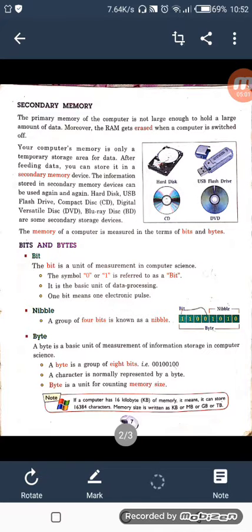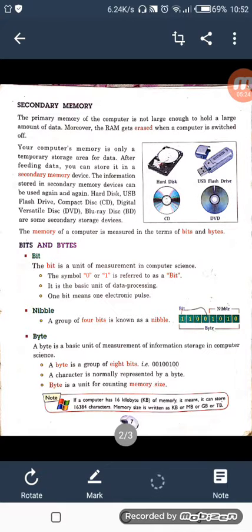That is why we need to use some secondary memory, or we can call it external memory, because we attach these memory devices to our computer. These are not inbuilt like RAM or ROM. It is secondary or external memory.